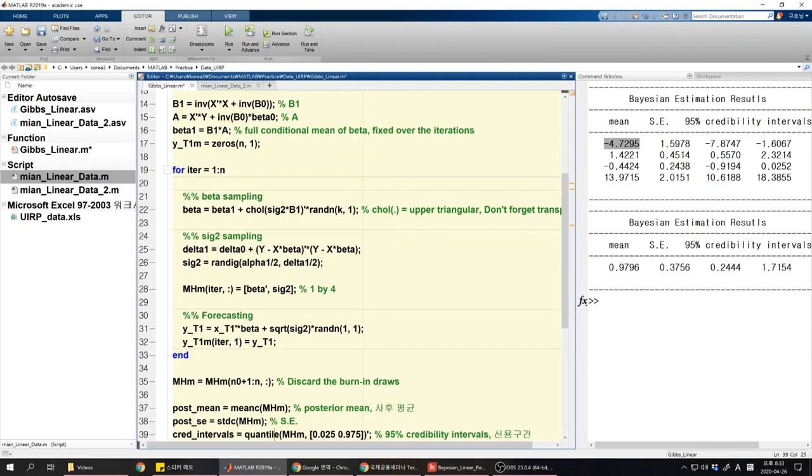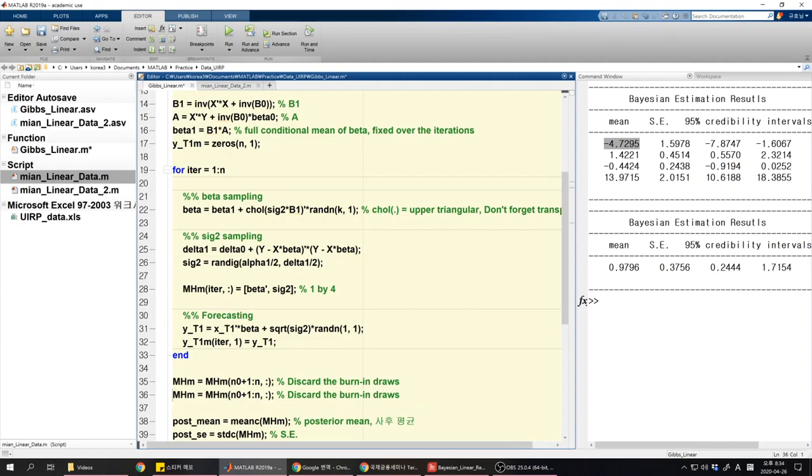Okay, and of course we have to remove the burn-in samples here and here.